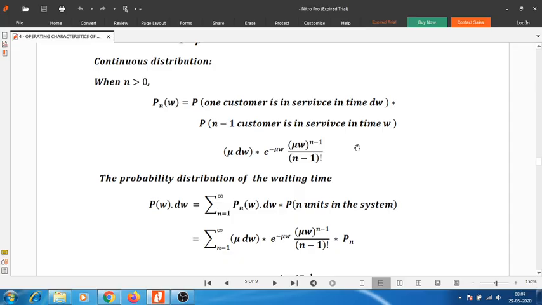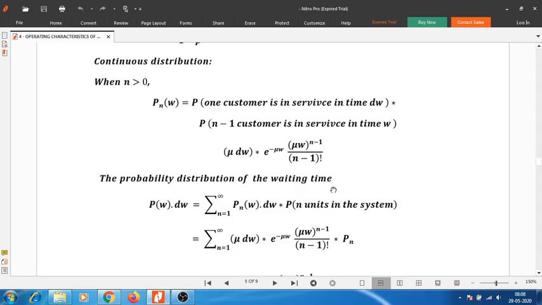E power minus lambda t, lambda t whole power n by n factorial. Instead of t, we can write W, because waiting time is denoted by W. How many customers right now? N minus 1. So e power minus mu t, mu t whole power n minus 1 by n minus 1 factorial.